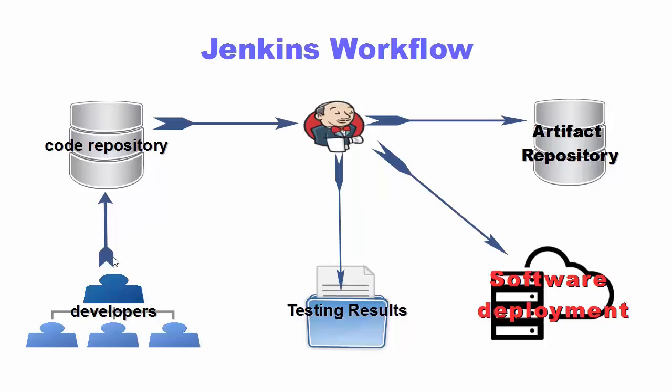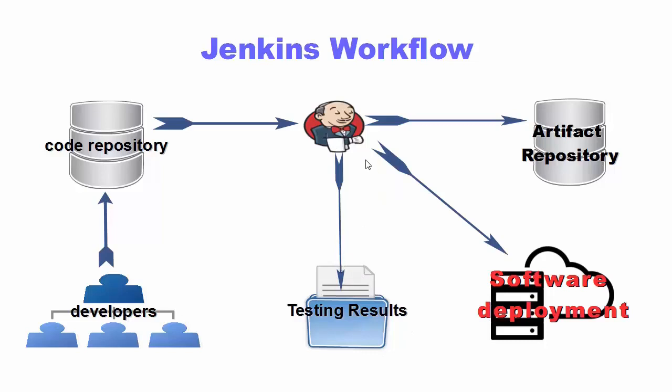So whenever a developer commits his code, it is automatically detected by Jenkins. And what Jenkins will do is run some tests, whatever tests you have created to run on Jenkins. For example, the unit test or integration test or system test or any other kind of test, it is going to just run those tests and give you the test results.